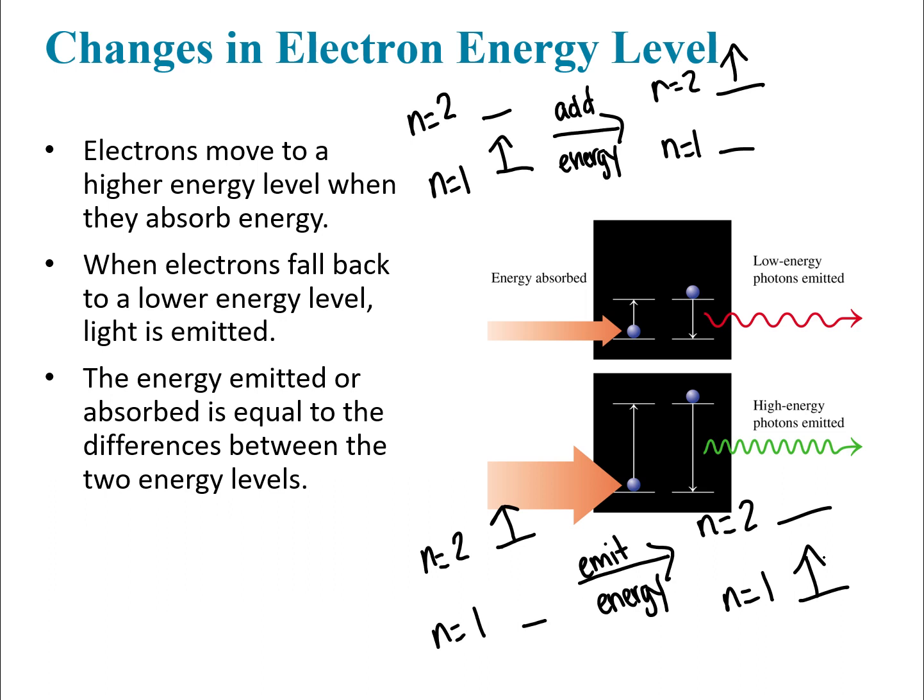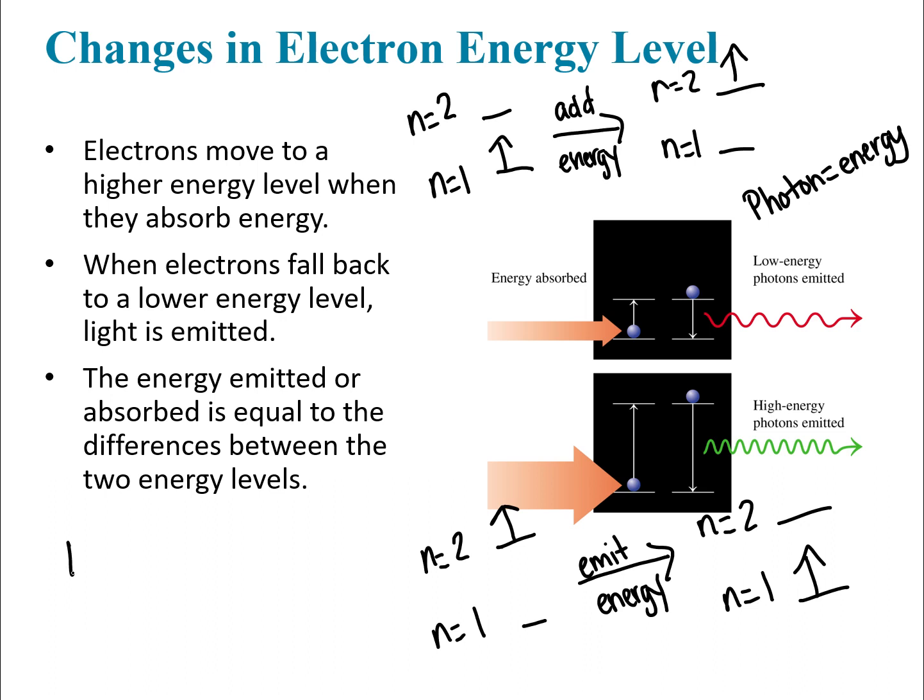That energy is in the form of a photon. So for each electron that experiences a change in electron energy level, there's going to be one photon associated with it.